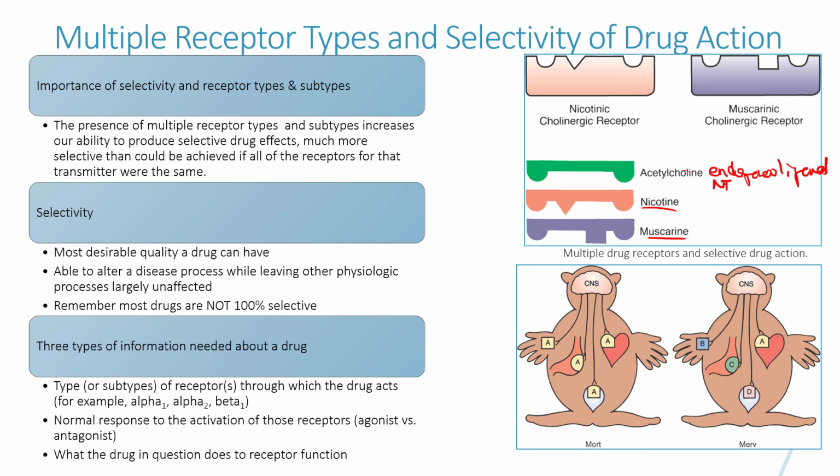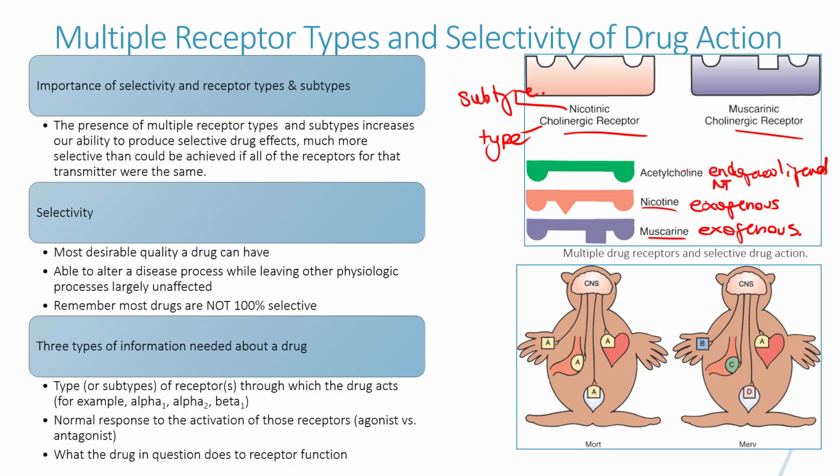And then you've got the exogenous ligands, or drugs, nicotine and muscarine. What you can see here is acetylcholine will bind to both nicotinic cholinergic receptors and muscarinic cholinergic receptors. So if you see a double-barreled name in front of the word receptor, the last word is the main receptor type, and the first part of the double-barreled name is the name of the subtype.